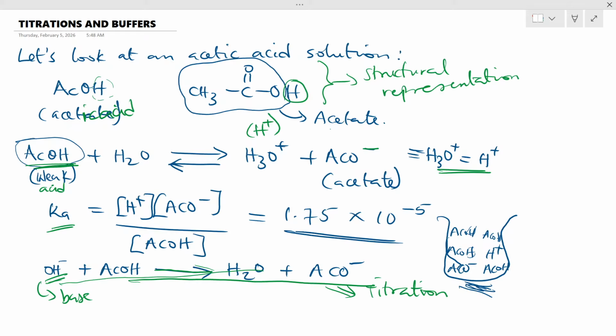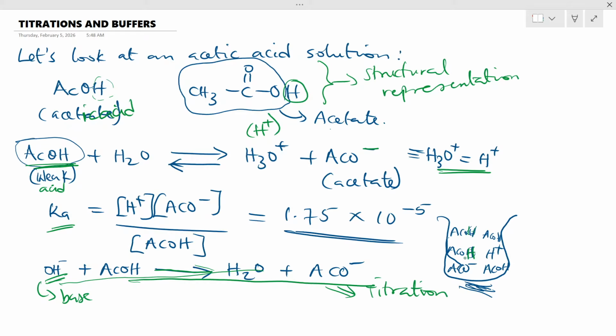As such, when you add more OH, which represents your base, you are converting more of the acetic acid to what? Acetate. And that is what we try to illustrate right here. You have your OH minus plus your H plus.